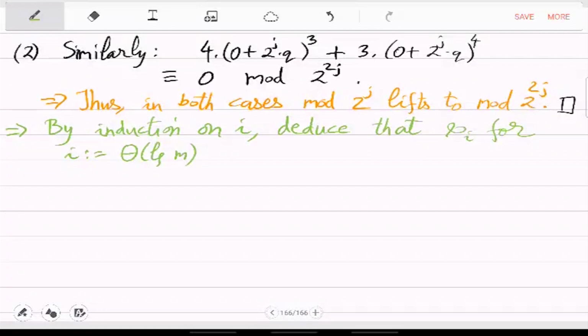You wanted 2 raised to m plus 1, right? So let me just fix it properly. So just use log 2m ceiling.